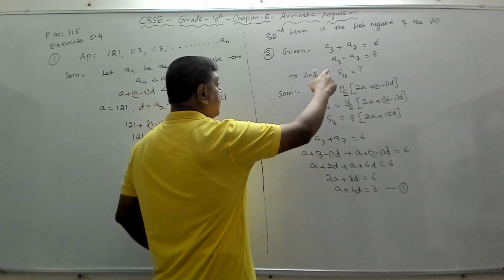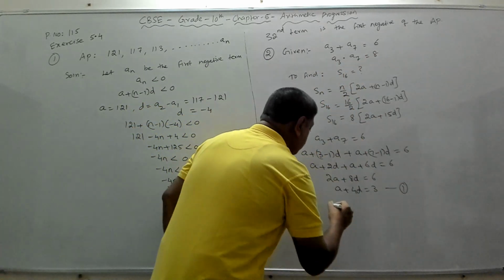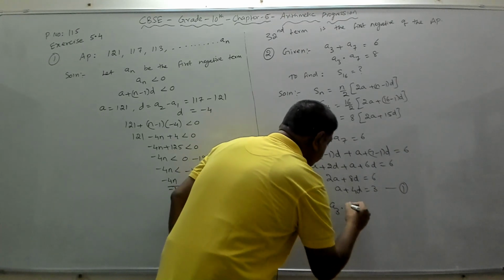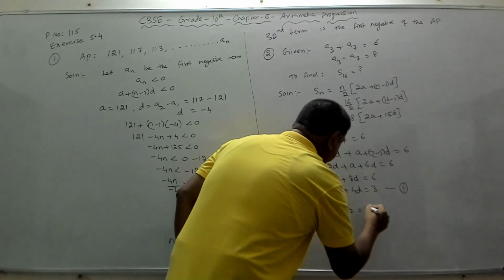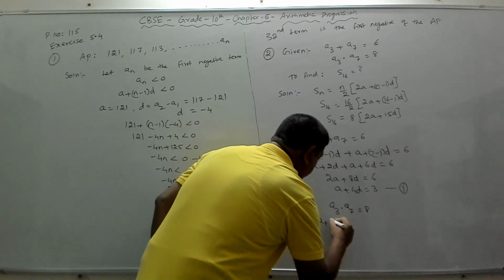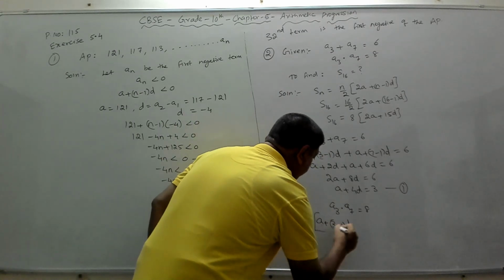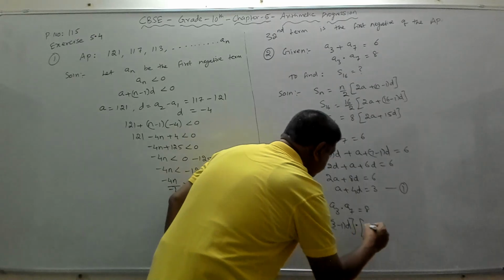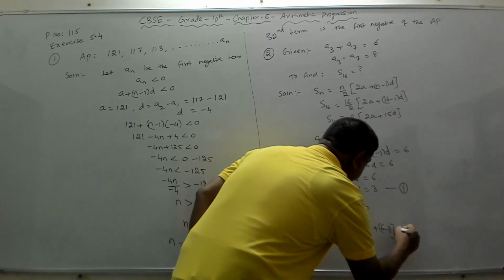Now this is one equation. The other equation is A3 into A7 is 8, which means (a plus (3 minus 1) into d) into (a plus (7 minus 1) into d) equal to 8.